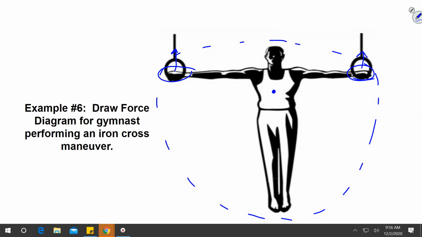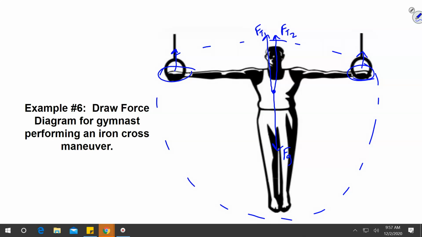So we have force gravity, which is pulling downward. And then we have these two ropes, which are pulling upward. So we would have force tension 1, and then we'd have force tension 2.